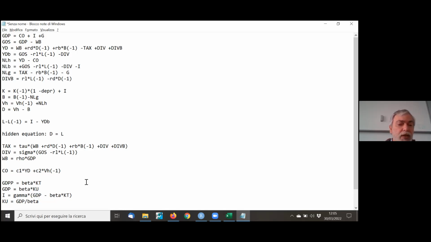So again, we can get rid of the T, and this should be our investment function. So it's a link between the current level of GDP and the existing stock of capital given an average capital productivity.